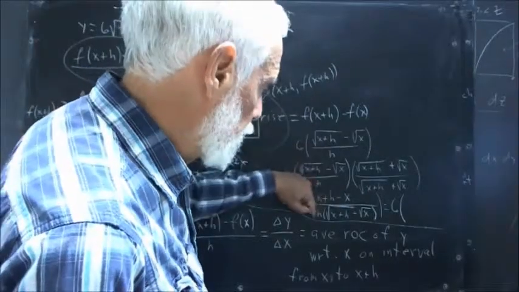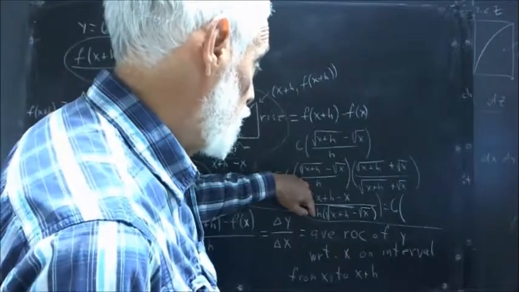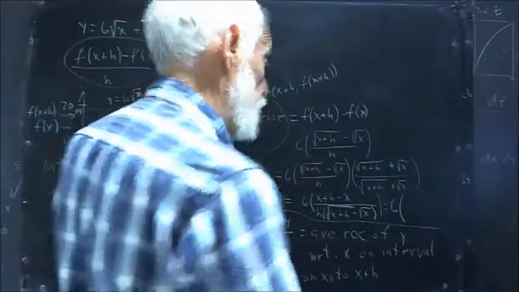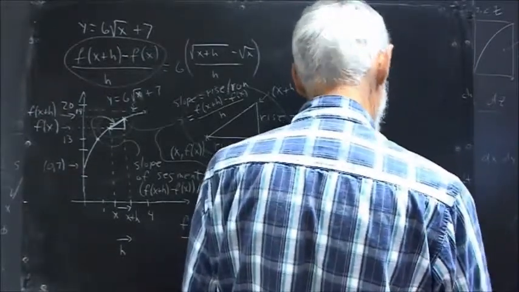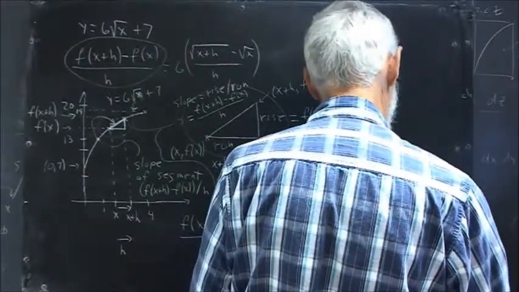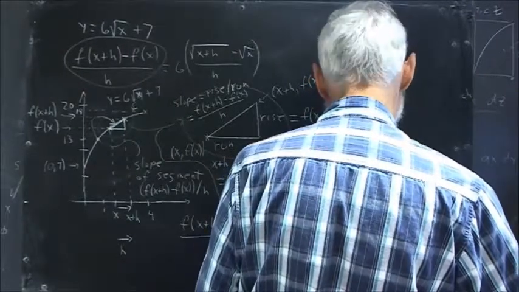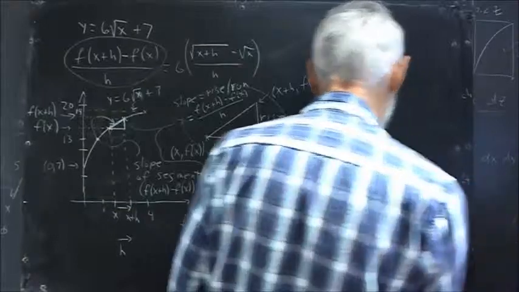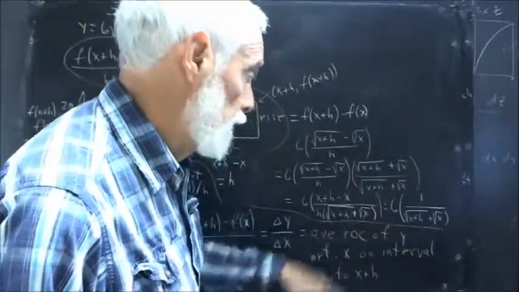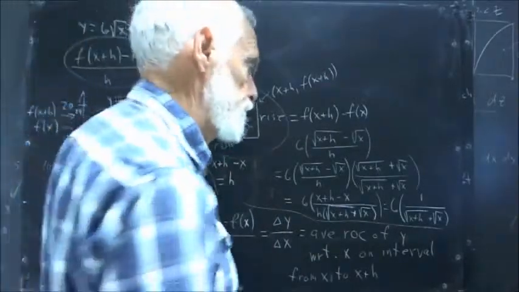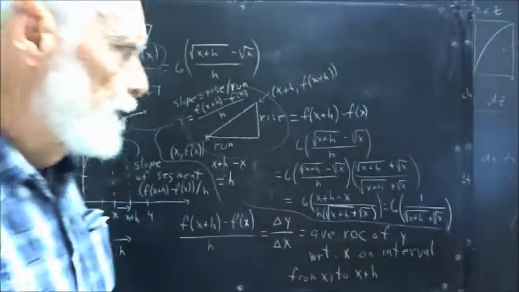The h in the numerator is divided by the h as a factor of the denominator, leaving me just 1 in the numerator. So I get 6 times 1 divided by, and that should have been a plus, the square root of x plus h plus the square root of x. And the parenthesis needs to close the whole thing. Okay?